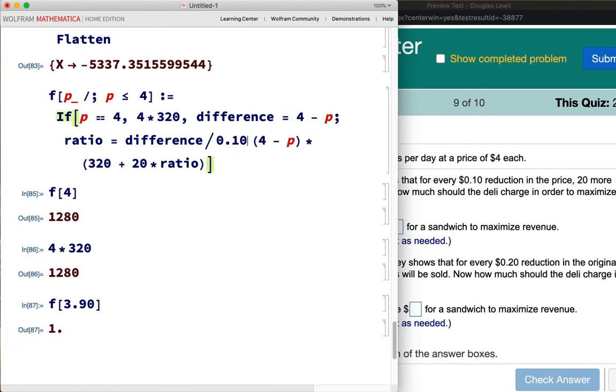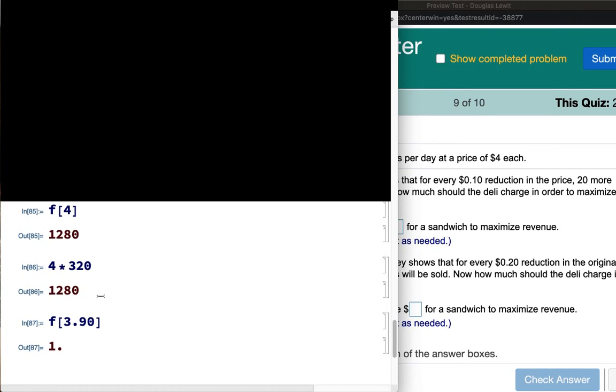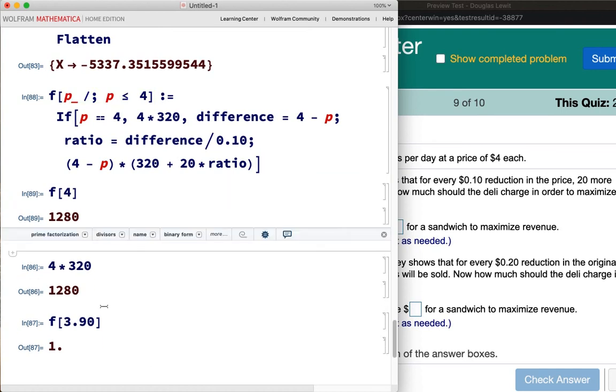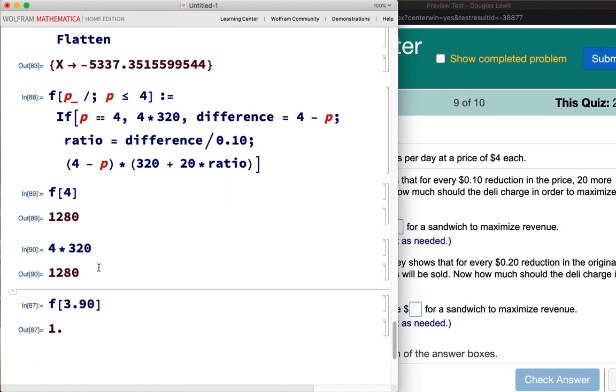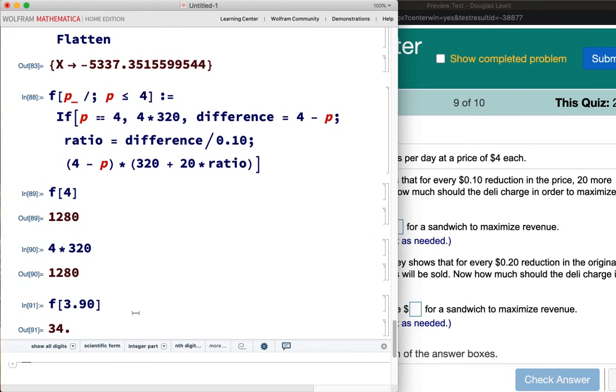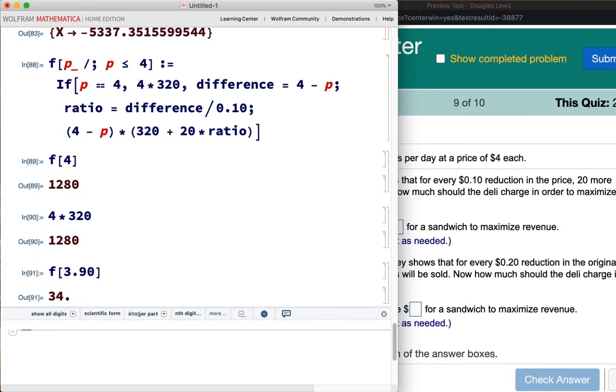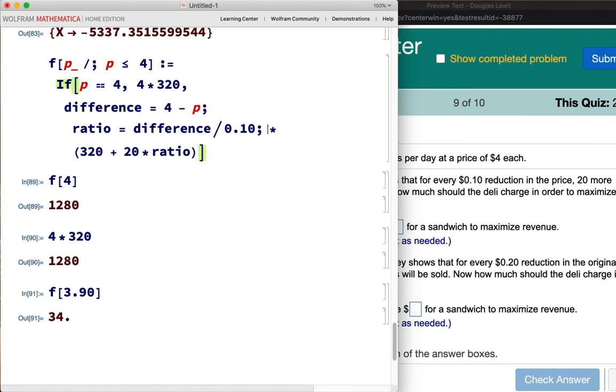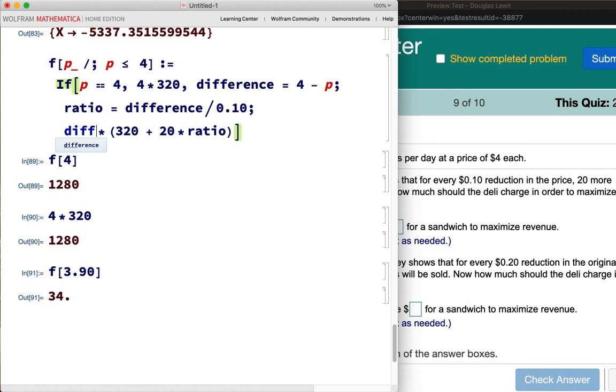This should be a semicolon. Let's do that one more time. So then we would have, one second. Oh, this should be difference. Wait a minute. Sorry about that. This value here should be difference.